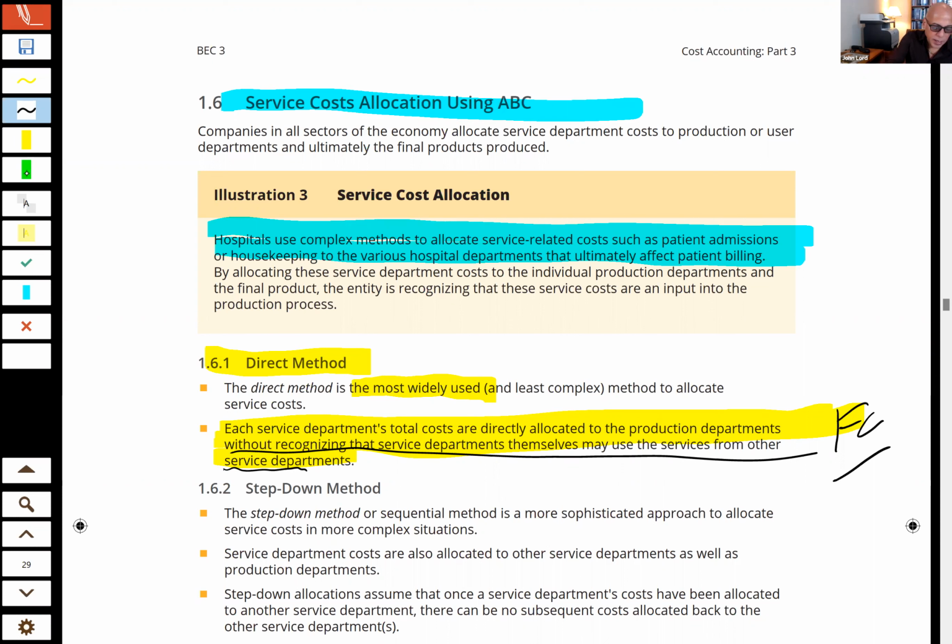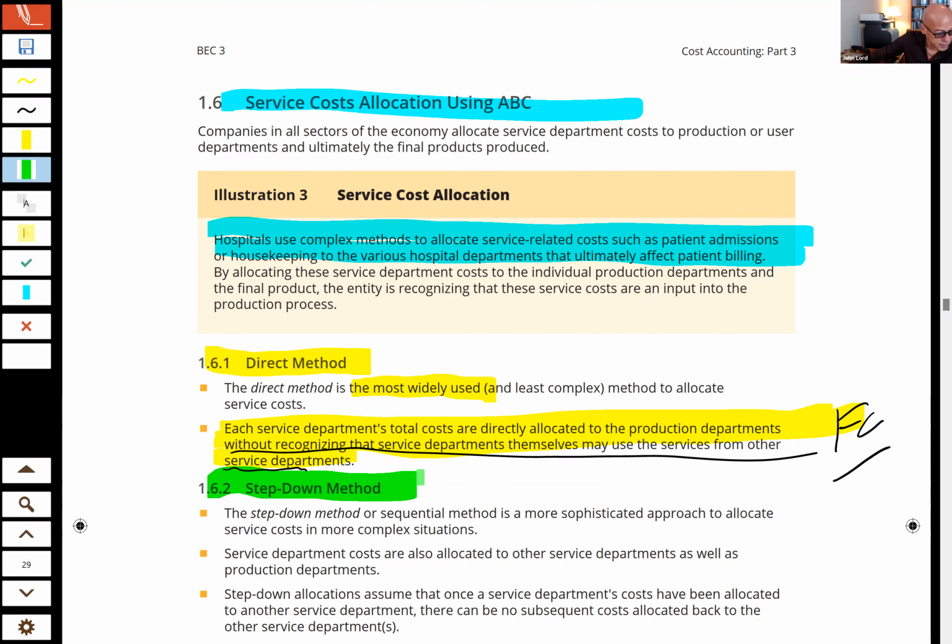Now, a step down method says, well, look, engineering is a service department. Now I'm blowing up my own example. Engineering is a service department, but so is housekeeping. And sometimes housekeeping needs to use the services of engineering, or more rarely, sometimes engineering uses the services of housekeeping.